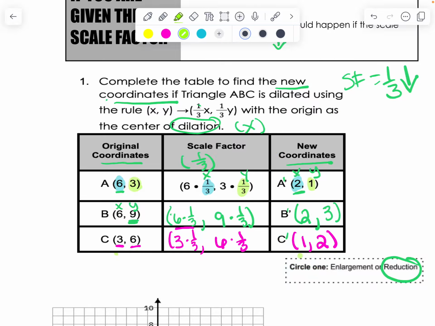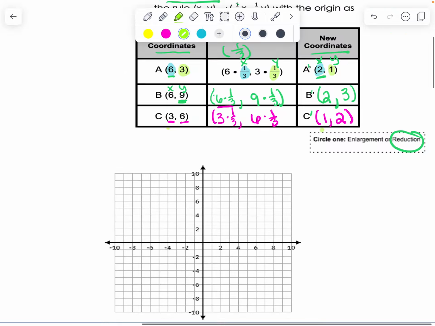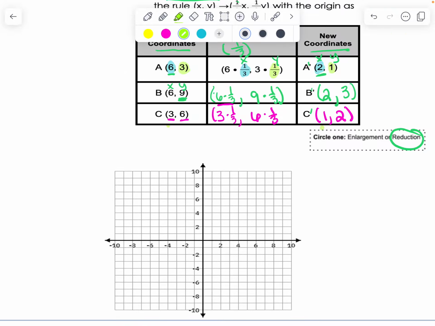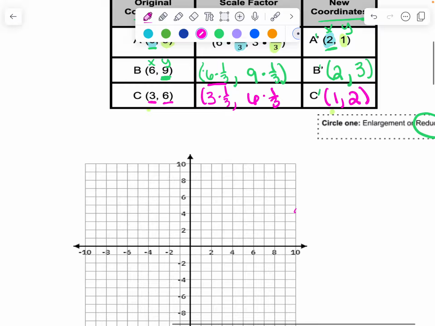Okay, so now we're going to graph them. We're going to graph the points, and we're going to label them. So I'm going to start out with the original one. The original A is 6, 3, so remember, this is your x and this is your y. I'm going to start at the origin. I'm going to go to 6, up to 3.